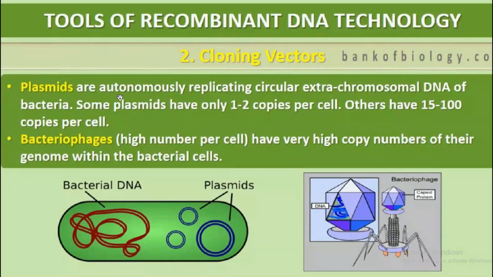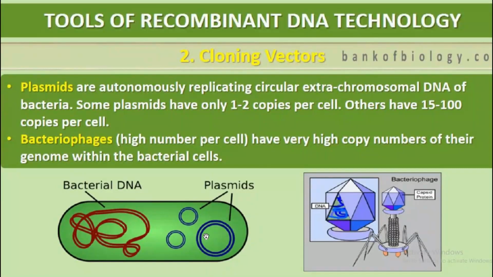Plasmids are autonomously replicating circular extrachromosomal DNA of bacteria. Some plasmids have only 1 to 2 copies per cell. Others have 15 to 100 copies per cell. Bacteriophage is also used as a vector.